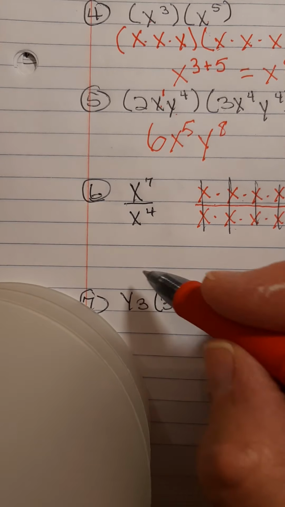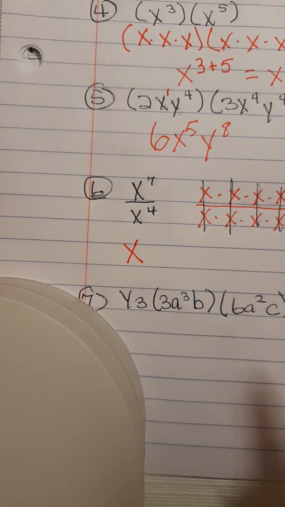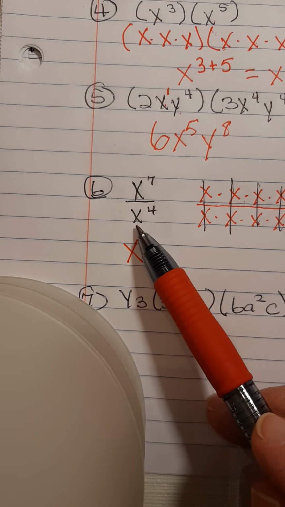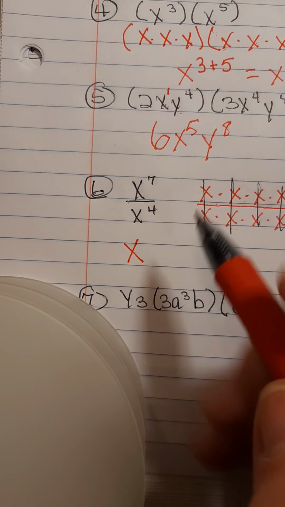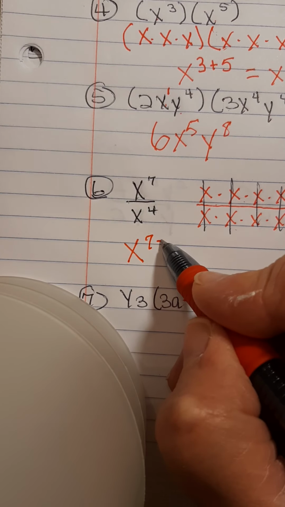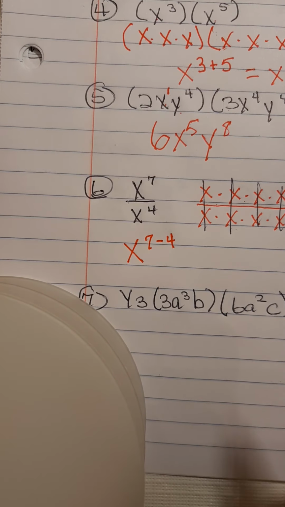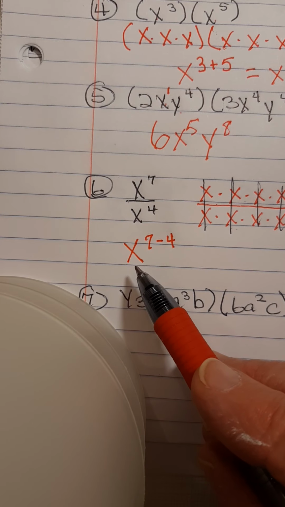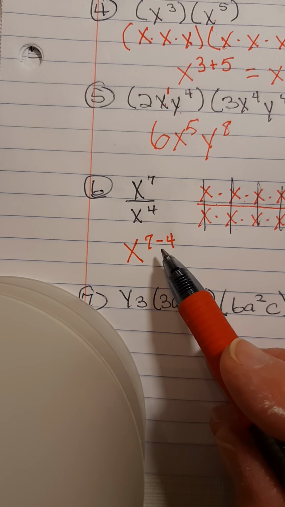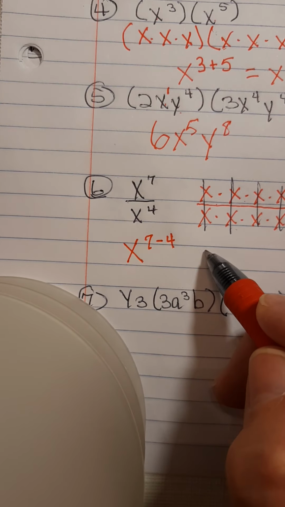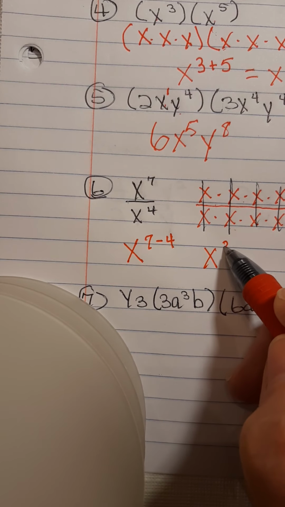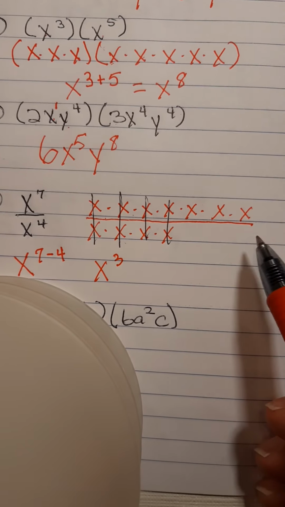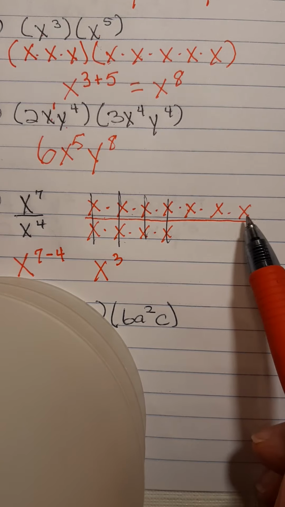And if we recall, x to the 7th divided by x to the 4th is like saying x to the 7 minus 4. Remember, when you multiply monomials with the same variable base, you add their exponents, and when you divide, you subtract those. So we would get x to the 7 minus 4, or x to the 3rd, and we come back up here and see there are 1, 2, 3.